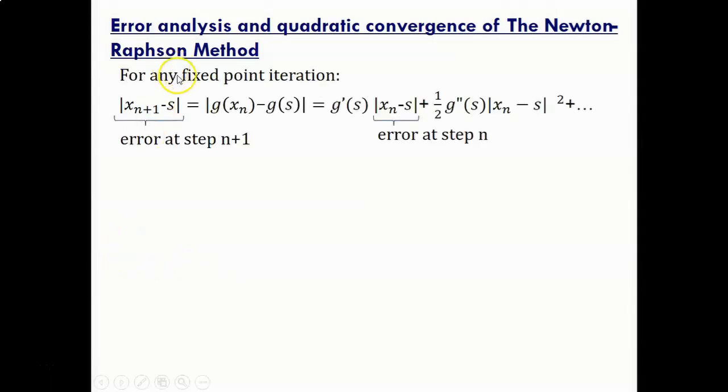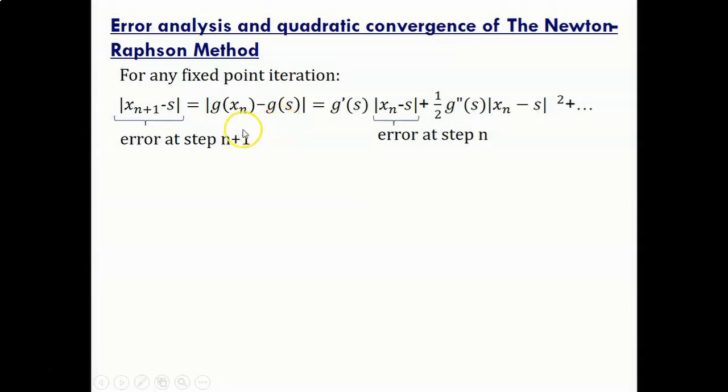Now we will analyze the convergence of the Newton-Raphson method close to the solution. So for any fixed point iteration method, xn plus 1 minus s, this is the error at the step n plus 1, is equal to g of xn minus g of s.